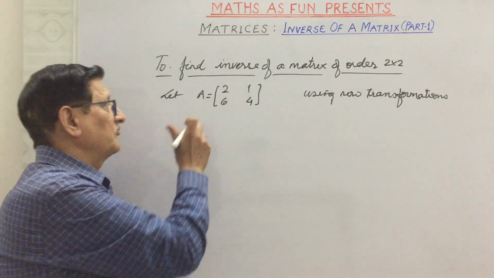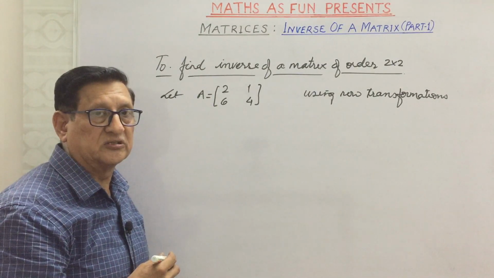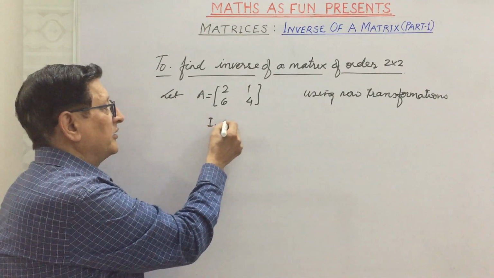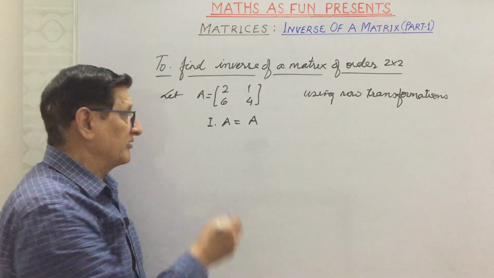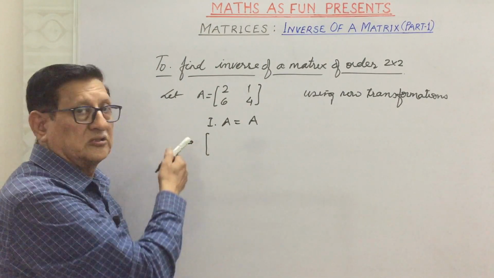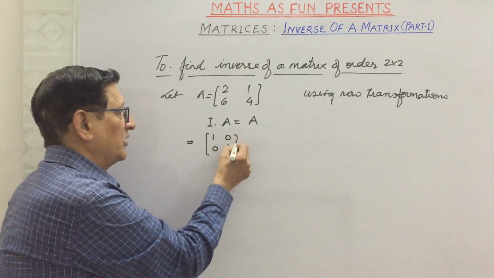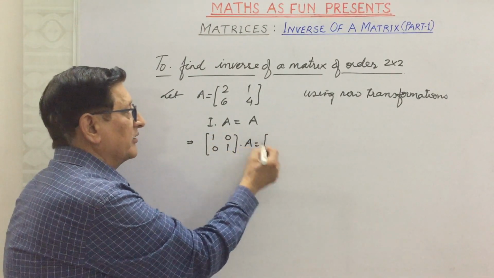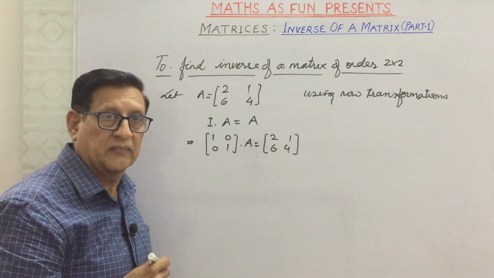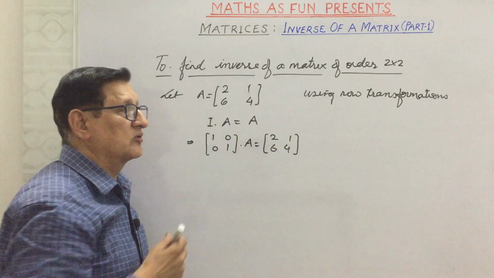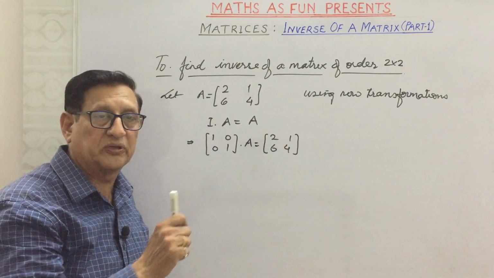To find the inverse of matrix A by using elementary row transformations, we will write I into A equal to A. The unit matrix of order 2 is 1 0 0 1, into A, that is 2 1 6 4. We are going to use only row transformations and no column transformations in between.